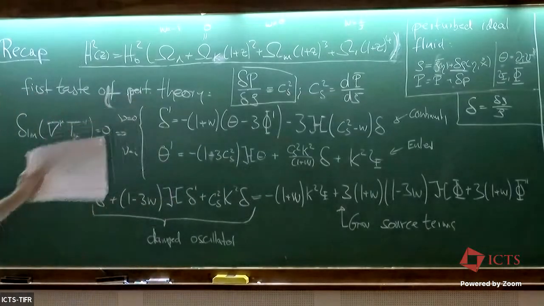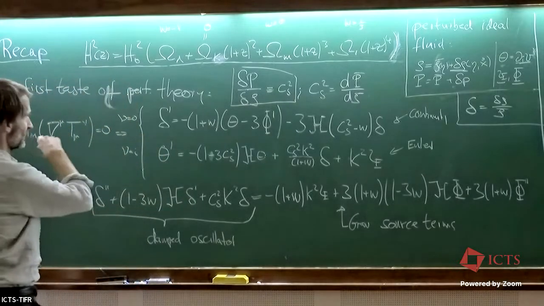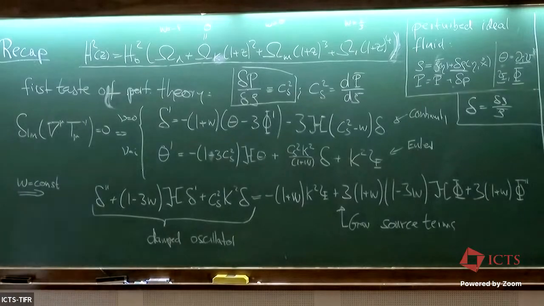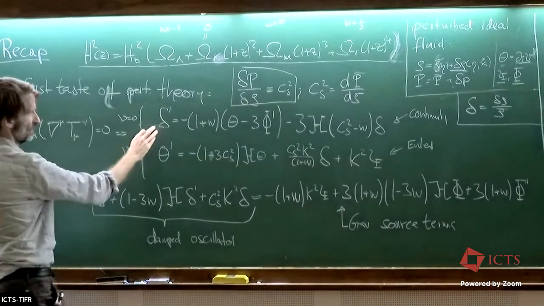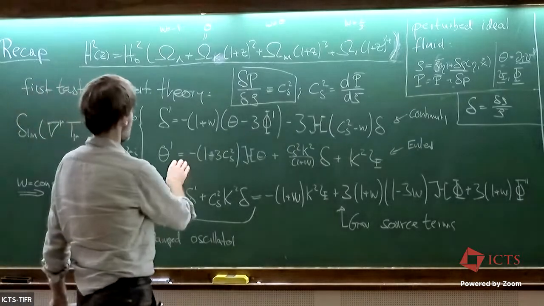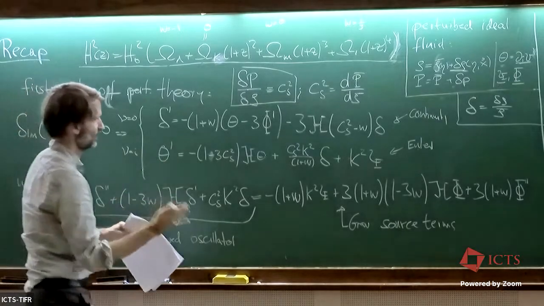We are going to motivate this further when we look at the initial conditions later. But then you get these two equations. One is the continuity equation, which tells you how the energy density changes locally. And the other equation is the Euler equation, which tells you how the velocity field changes.